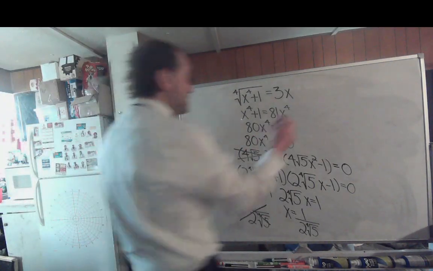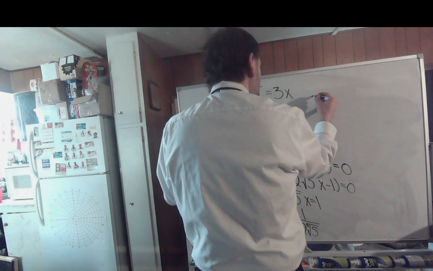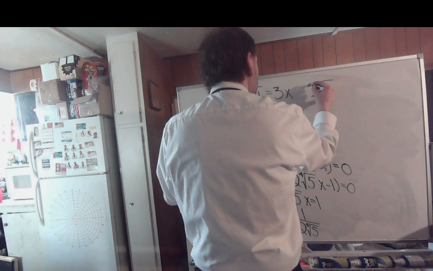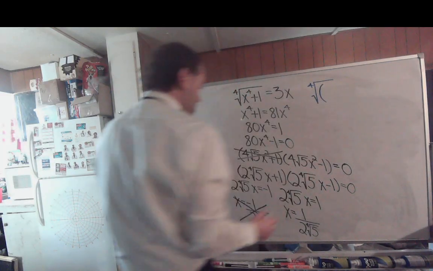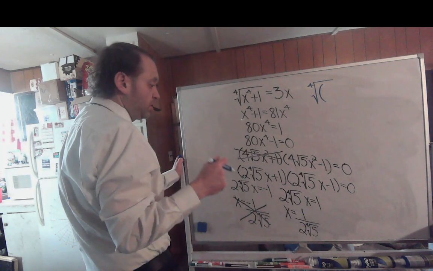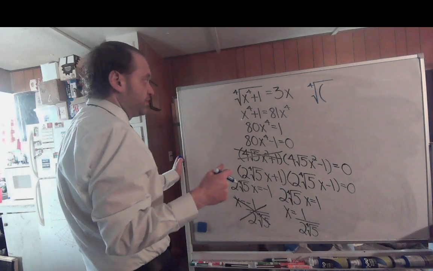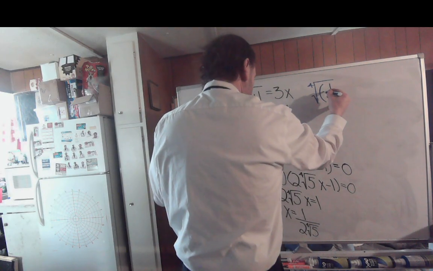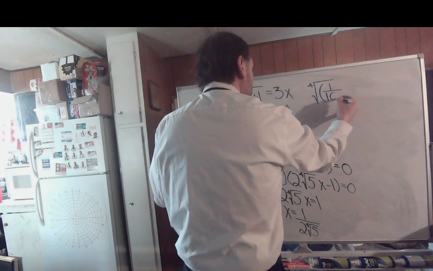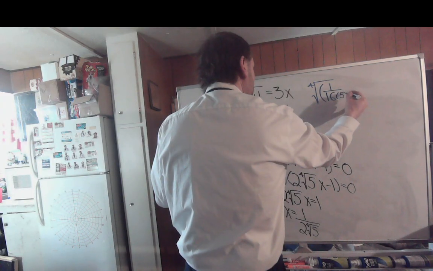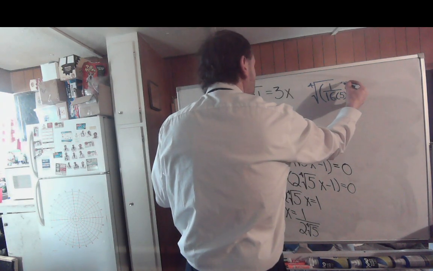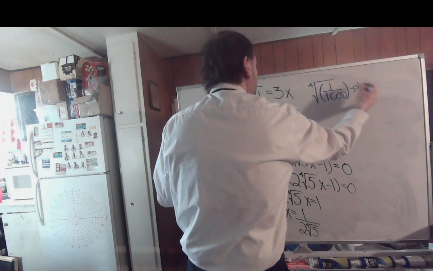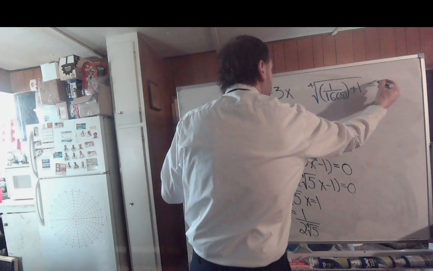So let's put this in here. So we'll have the fourth root of 1 all over 2 times the fourth root of 5 raised to the fourth power. That'd be 1 over 16 times 5. All that plus 1 equal to 3.